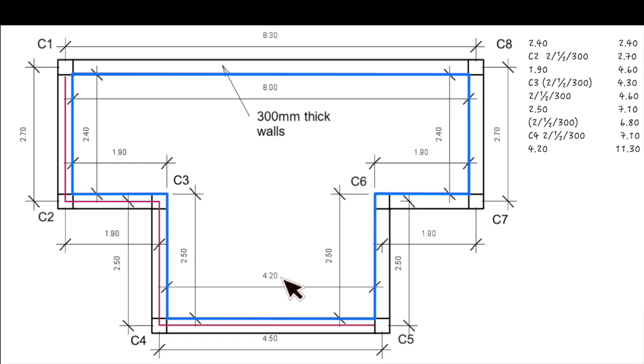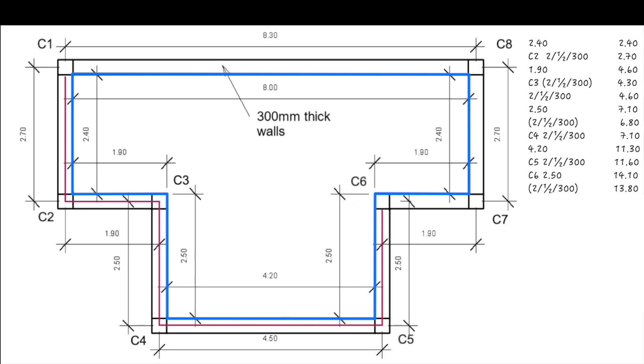At C5, we add 2 by 1/2 by 300 to get round the corner. Our journey from the top side of C5 to the underside of C6 is the same as C3 to C4, except in reverse. We have a negative deduction. The distance is 2.5 meters less 2 by 1/2 by 300 to the underside of C6.